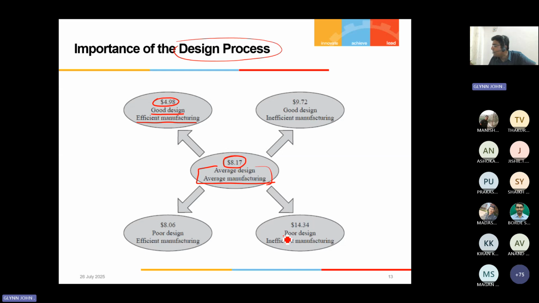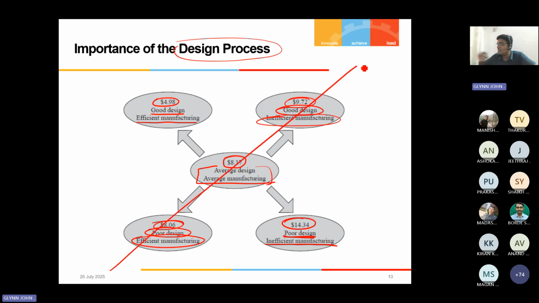You have poor design and inefficient manufacturing. Bad design, bad manufacturing, again, it's doubling from there, right? Then good design with inefficient manufacturing is slightly more expensive. Poor design with efficient manufacturing is almost the same. So overall, this part is pretty much the same.